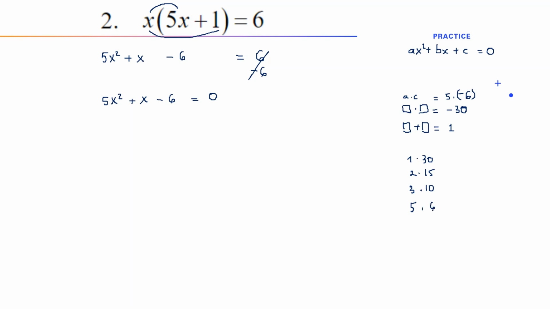So which one can form 1? This one, right? But then we have the negative 30, so of course one has to be negative: negative 5 and 6, because when 6 subtract 5 is equal to 1. So we have our two numbers, and we'll have 5x squared.